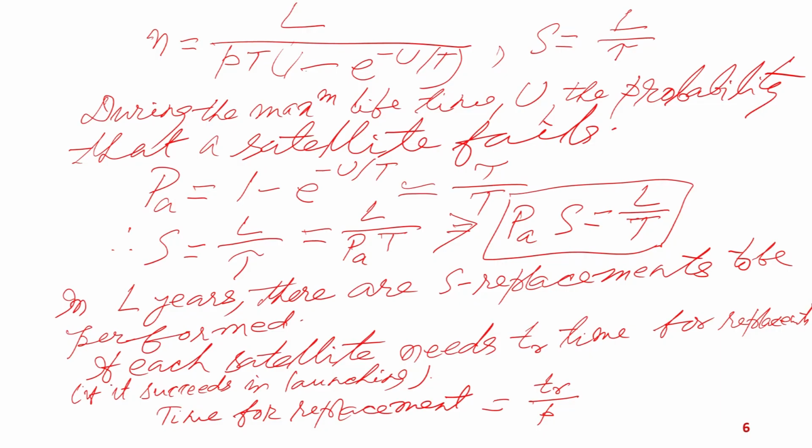If it is certain that there will not be any failure, in that case it is the same, but there is always a probability of a failure. So, that is why the time for replacement is given by T R by P.